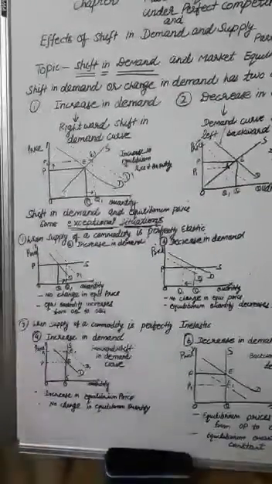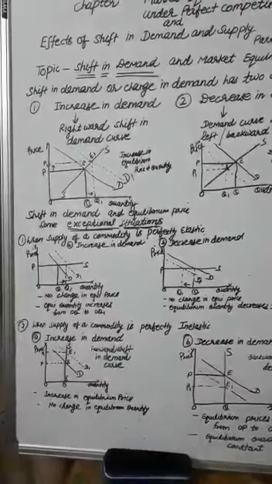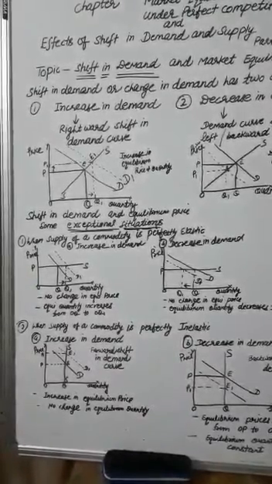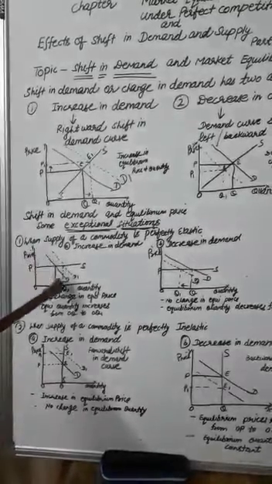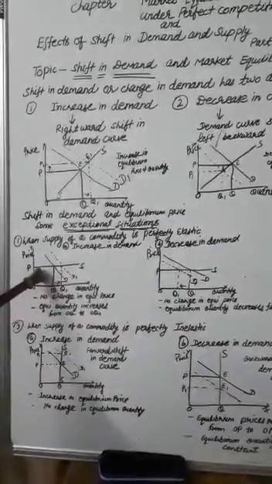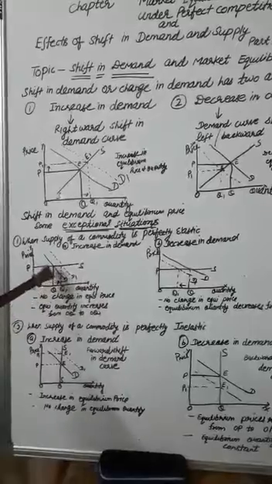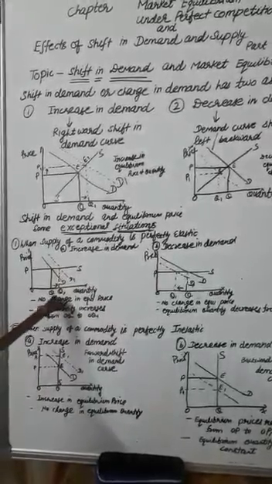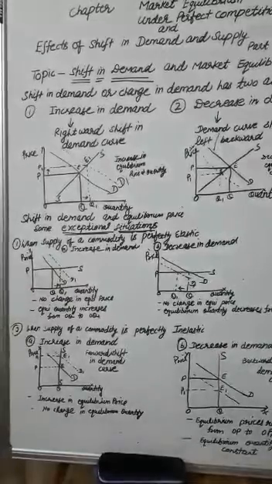Perfectly elastic supply curve means elasticity of supply is infinity. So here in this diagram, D is the demand curve which cuts the supply curve, and this is the equilibrium. Equilibrium quantity is OQ and equilibrium price is OP.